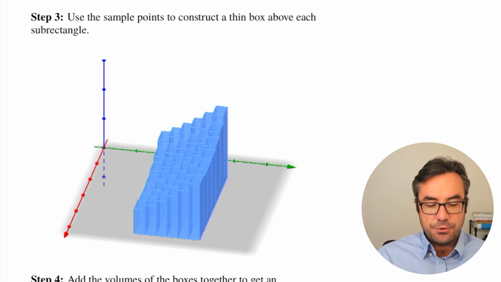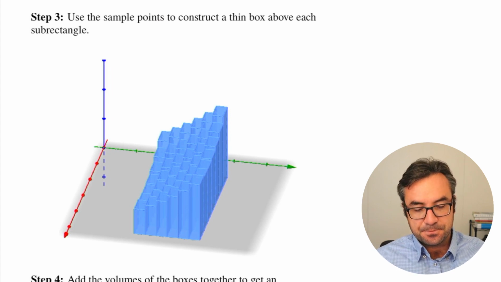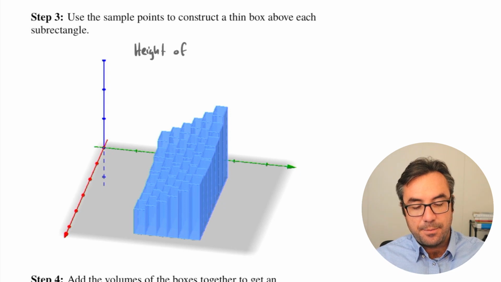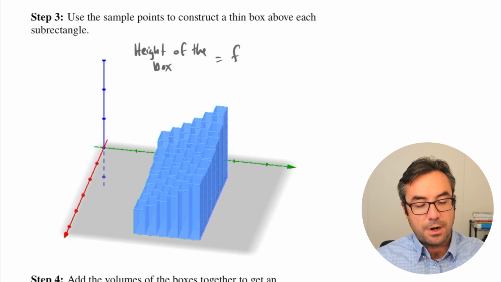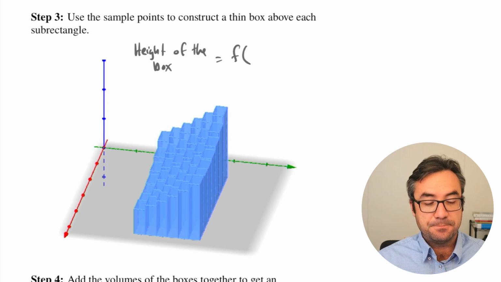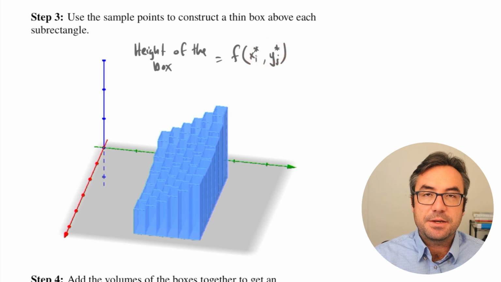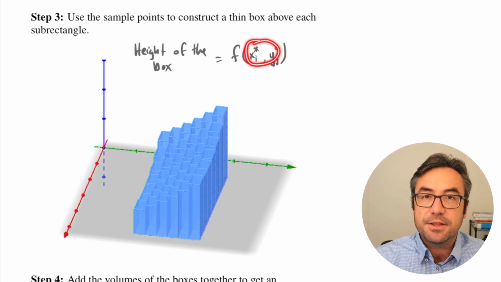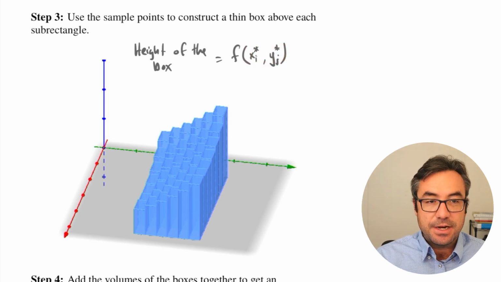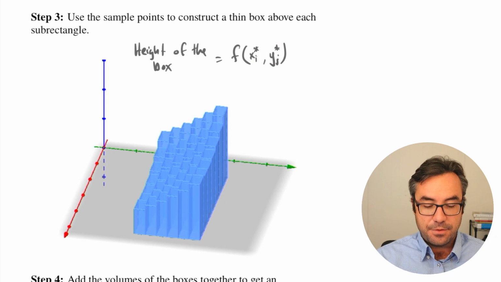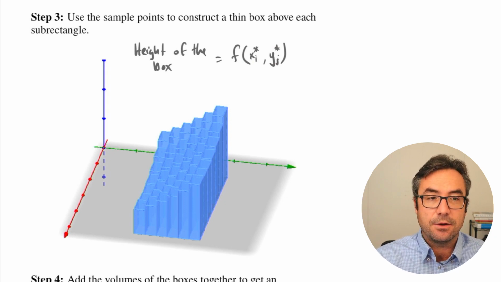And the way we're going to do this is the height of the box is equal to our function with that sample point plugged in. So we take our sample point that we picked in the little rectangle, we plug it into the function, and that's going to give us the height of the box for that little rectangle.